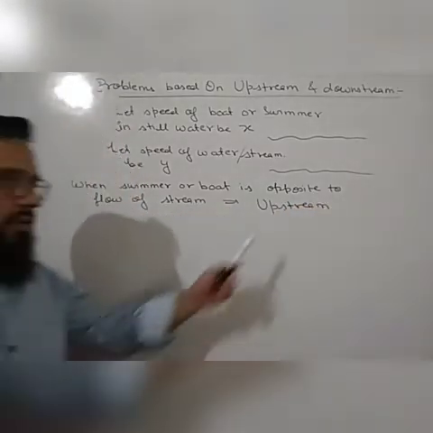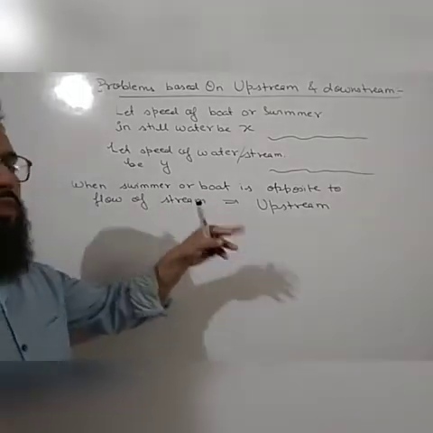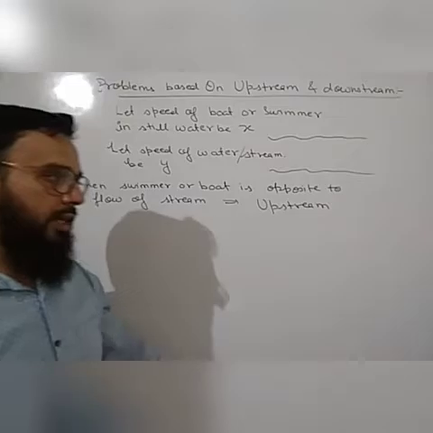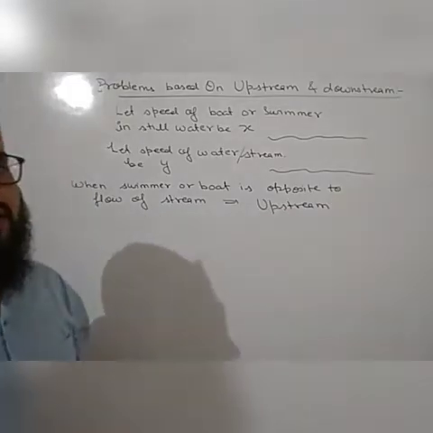What is the meaning of upstream? When the swimmer or the boat moves opposite to the flow of water or the stream, then that particular speed will be known as upstream.